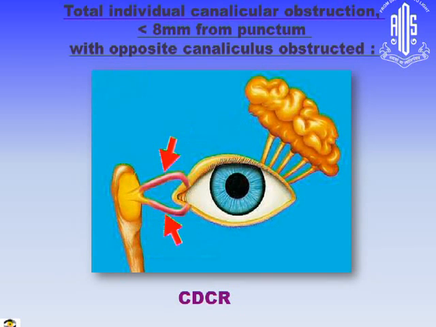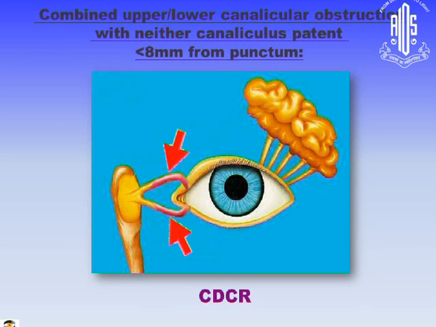This is a little more severe condition where we have very little healthy canaliculus within 8 millimeter of the punctum. So obviously, we will have to go for conjunctivo-DCR. Again, bicanalicular obstruction, but we can see a healthy amount of canaliculus within 8 millimeter of the punctum.